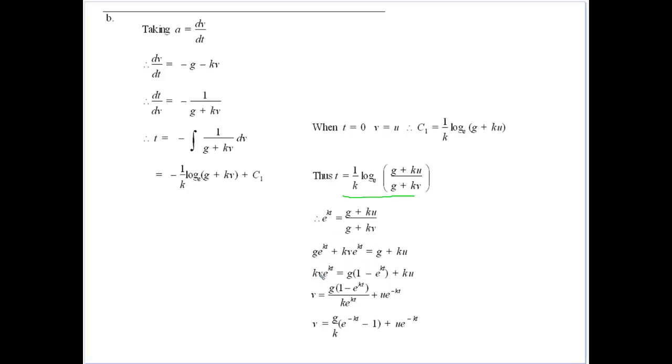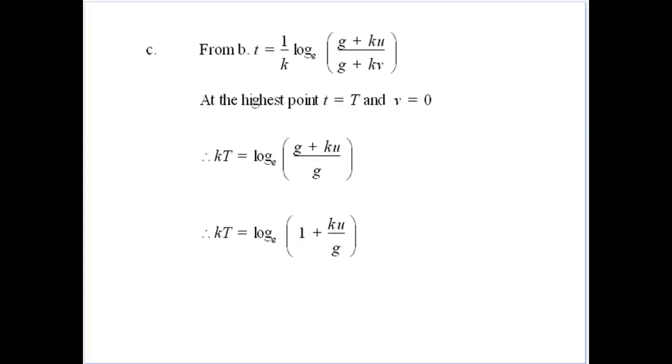So we're able to get v by itself and take the other things across to the other side. We divide to get v by itself, and then we get the expression that we wanted: g on k (e to the minus kt minus 1) plus u e to the minus kt. So have a look at the algebra involved there.